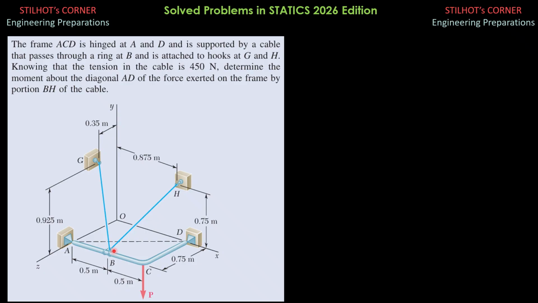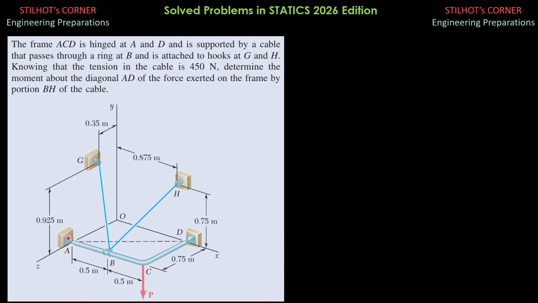So we have to define that moment about axis AD, from the principle already discussed, is the dot product of RAB cross the force. So RAB cross the force is the moment about A, or it may also be RDB cross the force, which is force in the direction BH.